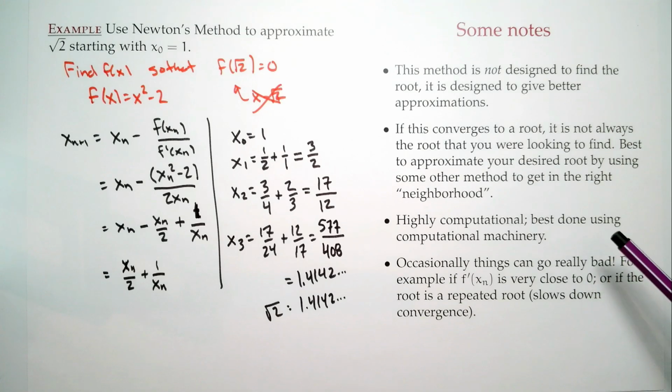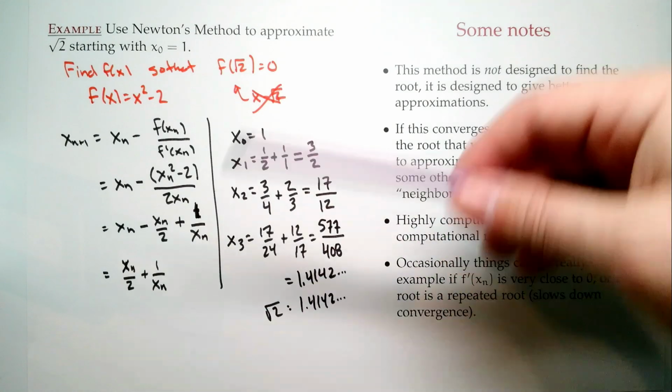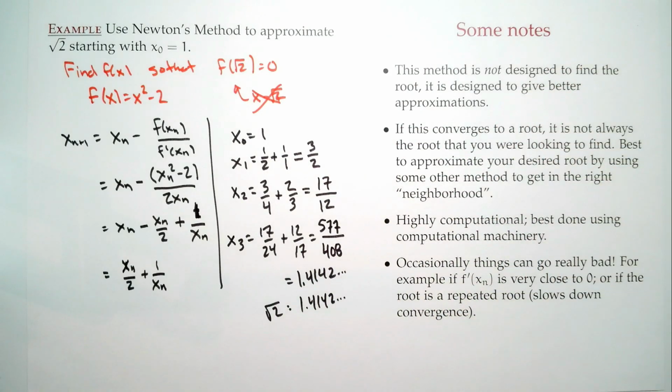This third point, this is highly computational, because there's lots of things you have to chug away at. Do this arithmetic and make it work. So what does that mean? Well, it's best done with things which love doing computational things. In other words, this is great for computers, not so great for humans.